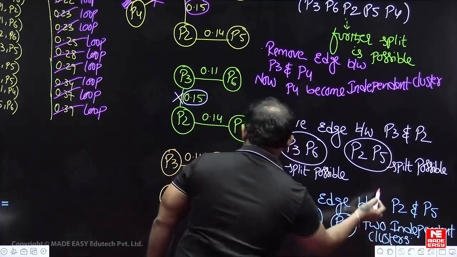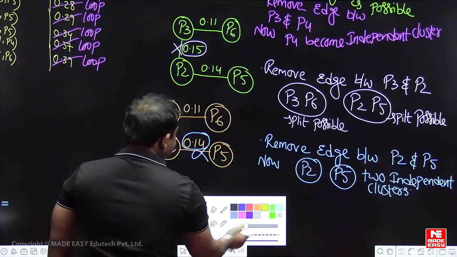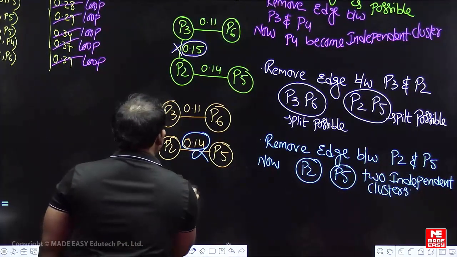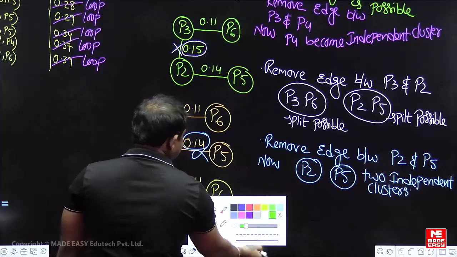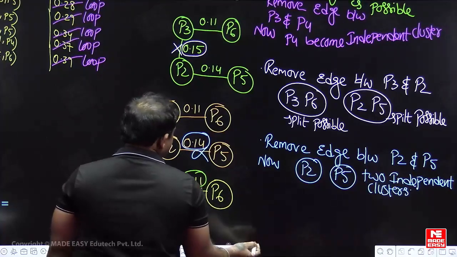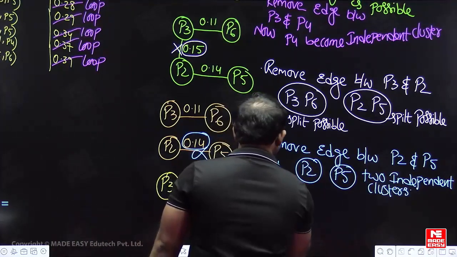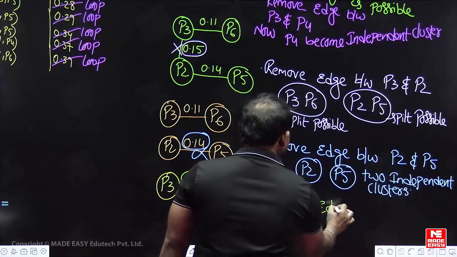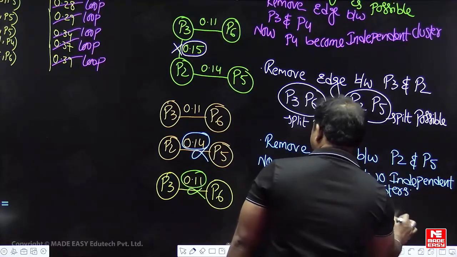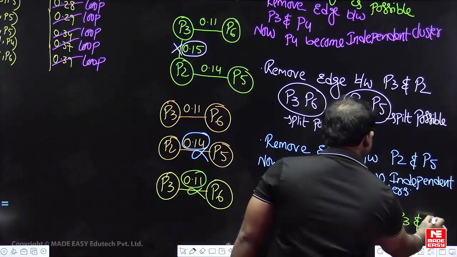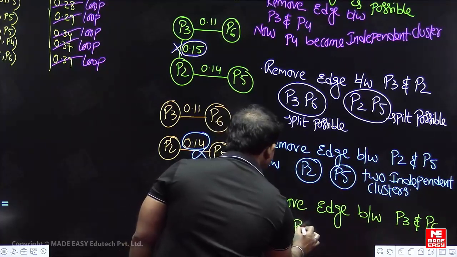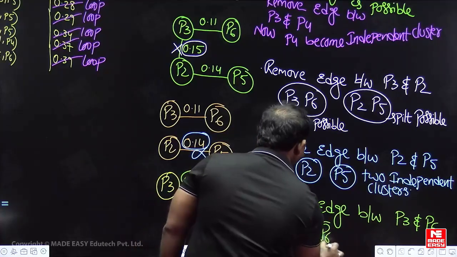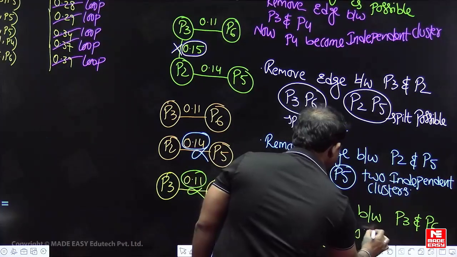Then what is the next status of our graph? P3, P6. This edge cost is 0.11, so only one edge is there. Remove the edge between P3 and P6. Now P3 and P6 are two independent clusters.